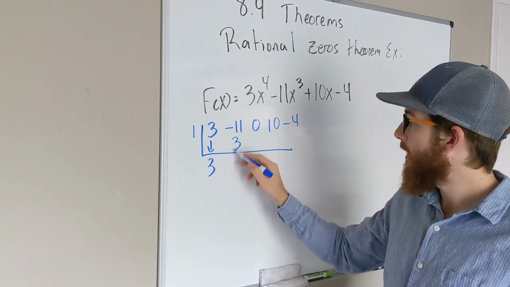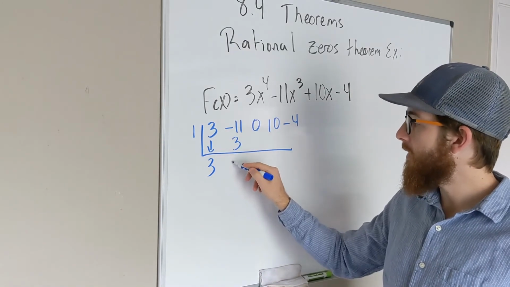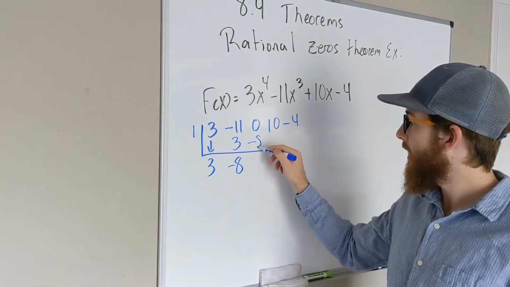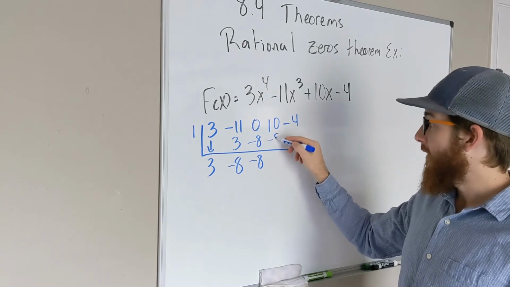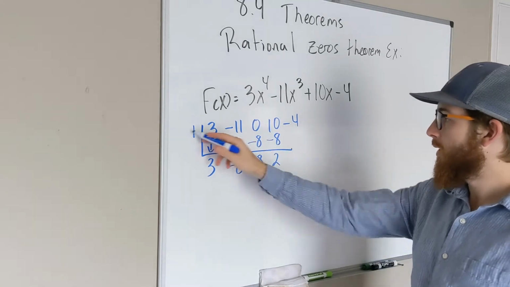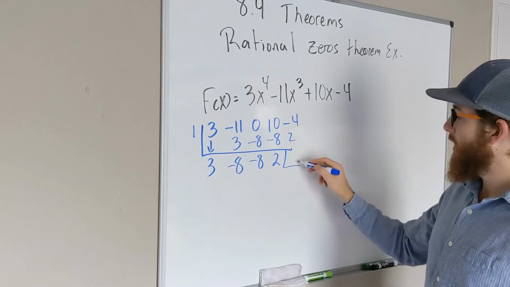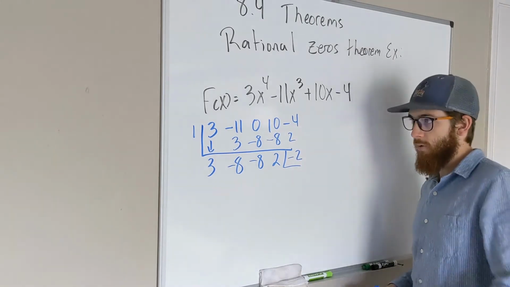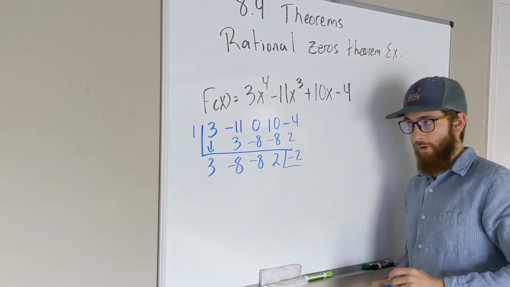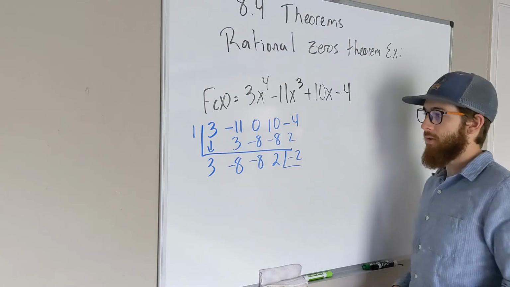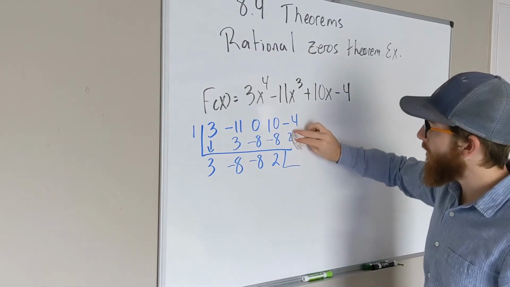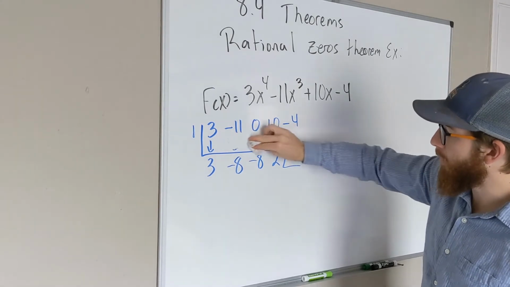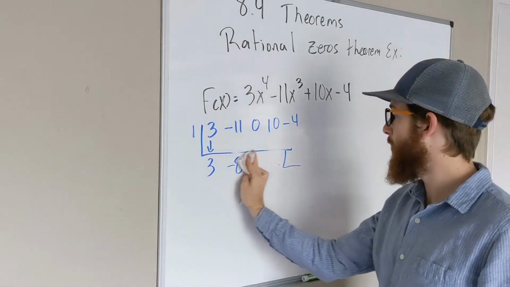That would be 3. 11 minus 3 is negative 8, negative 8, negative 8, 2, 2, negative 2. So, does 1 work as a possible solution? A 0? No, it's not. So what I need to do is I need to retry another number. How about the next easiest number, negative 1?